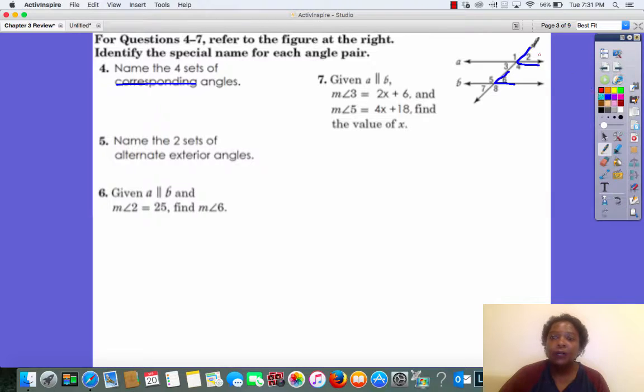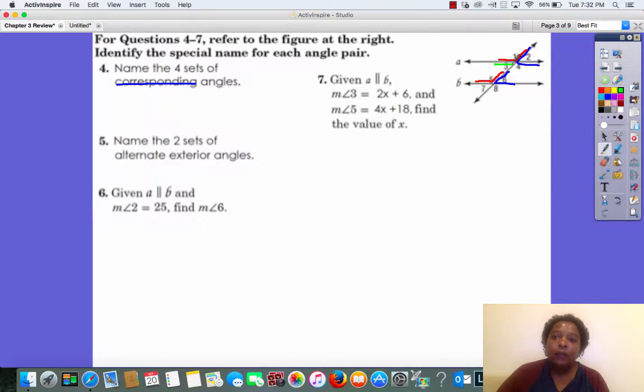I use a different color for a second set. So let's look at angle 1. Now when I traced it, I went down and to the left. If I go down the transversal, this angle 5, down over to the left, has the same shape. It's in the same location, just shifted down the transversal. So angles 1 and 5, my second pair. Let's use green.